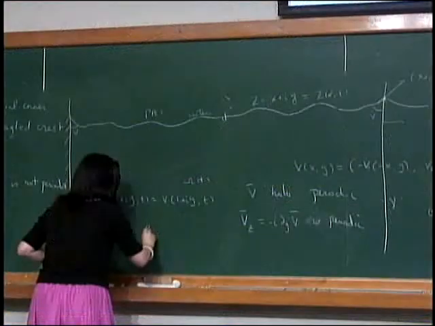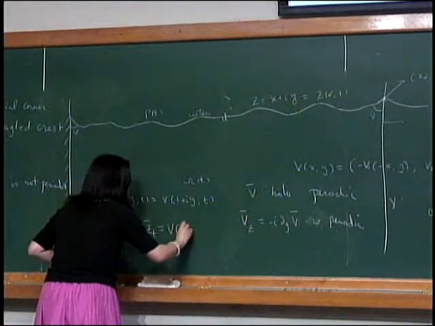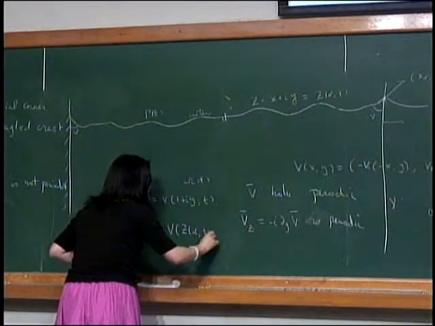Now, what is V_z? We know that Z_t bar is the velocity field evaluated along the interface.